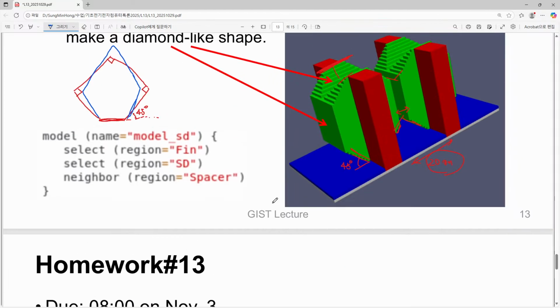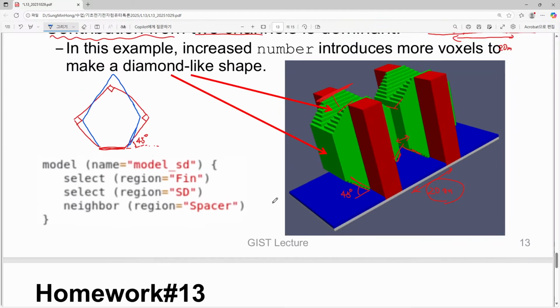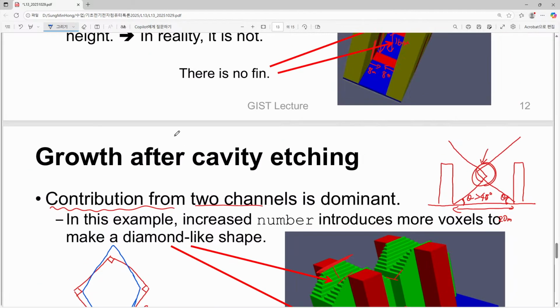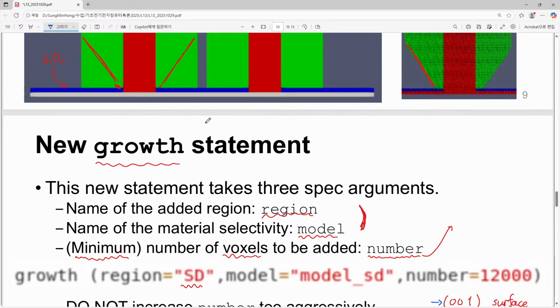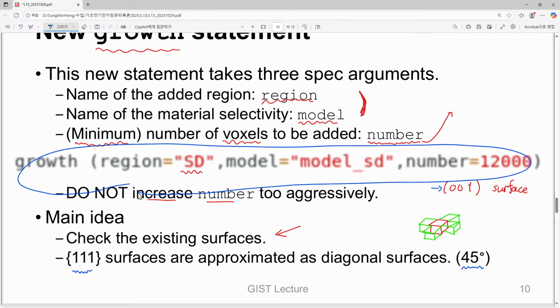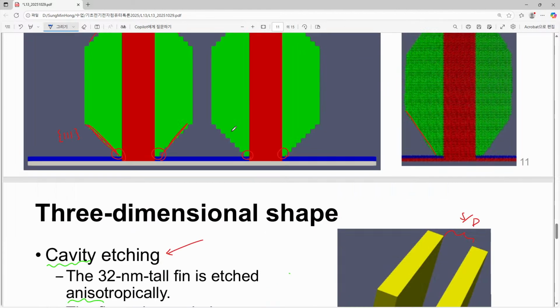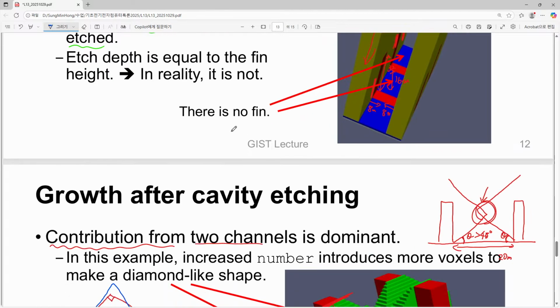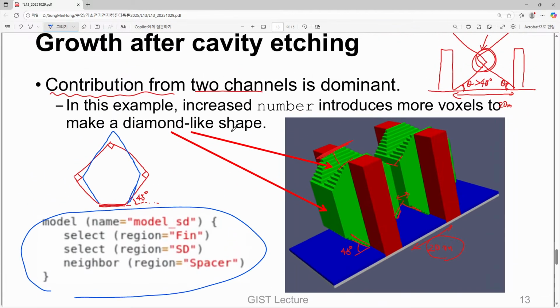And as I said, the thing you have to do is just this one: specifying this model specification and performing this. Then you will have something, and please adjust your numbers to have a more reasonable result.